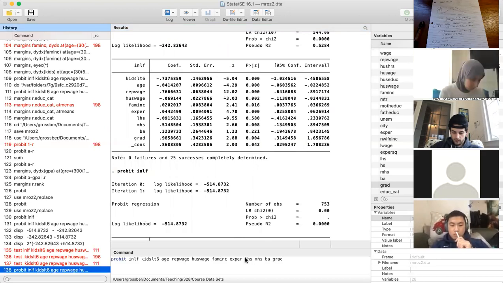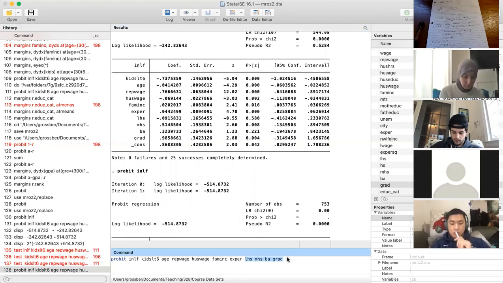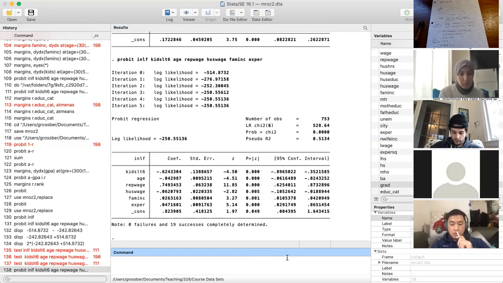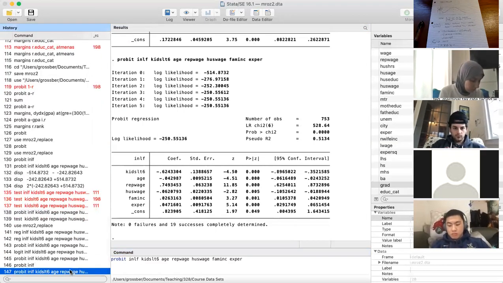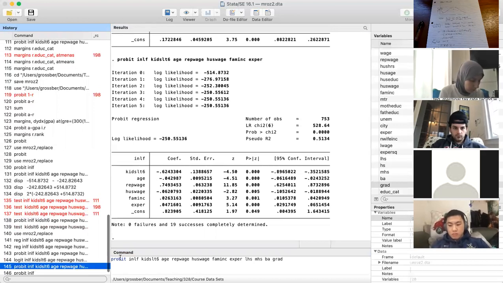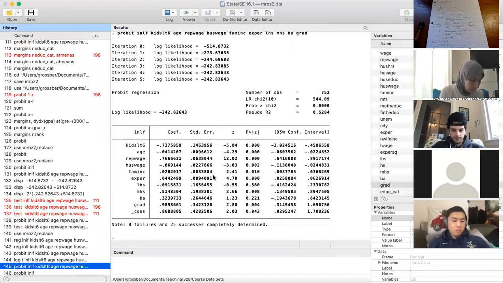So what we could do is go back, we can estimate the constrained model. That has a log likelihood of -250. We can compare that with the full model, log likelihood of -242.